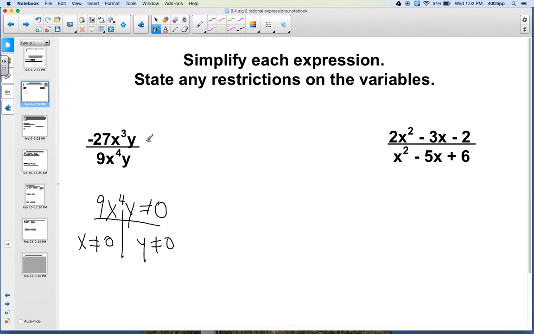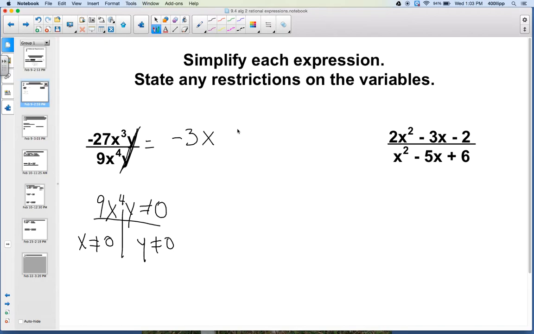Okay, moving on here, we need to remember some properties of exponents. Anything over itself is going to cancel out, so the y's cancel. If I have a negative 27 over 9, that will give me a negative 3. If I have a variable with the same base and I'm dividing, I keep the base and subtract the exponents.